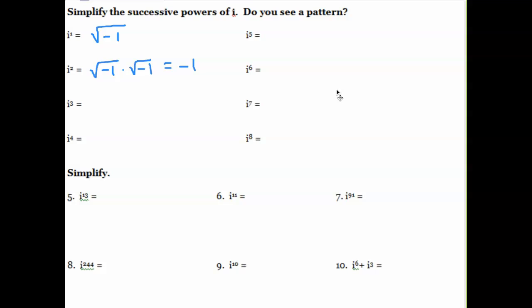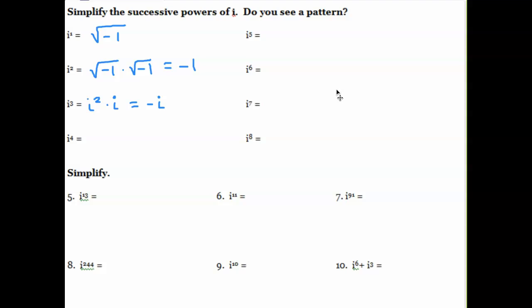i cubed, well, something cubed is like i times i times i. Or you can think of i cubed as i squared times i. But we just said i squared is always negative 1. So i cubed is equal to negative i.